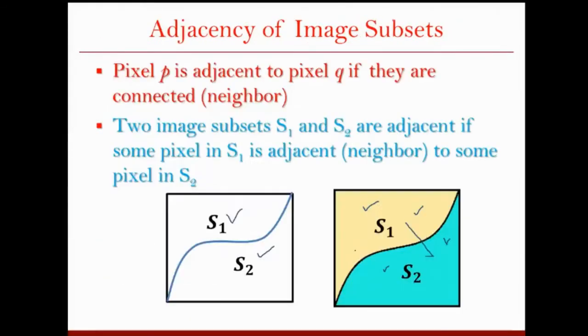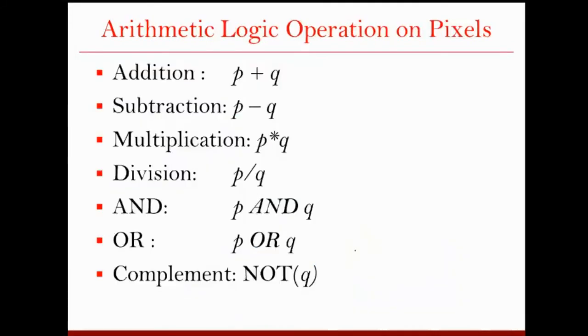Okay, so till now we have defined the neighborhood, and with the help of neighborhood, certain other characteristics of the pixels. Now, let us see how we perform operations on these pixels. We will perform operations in two ways.